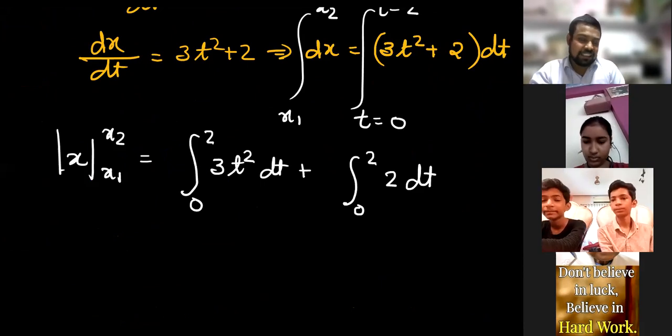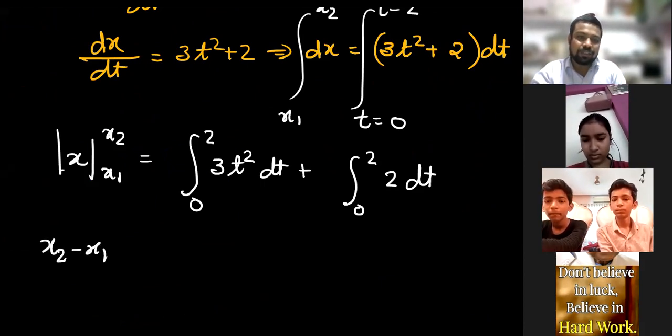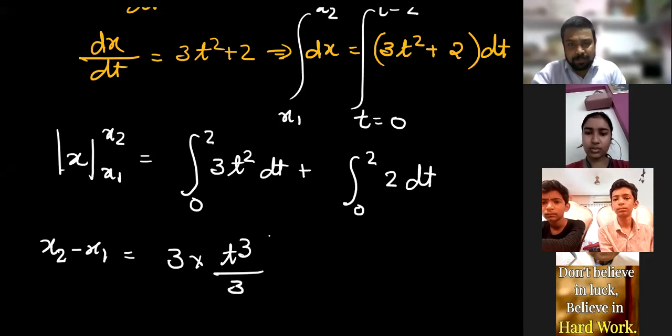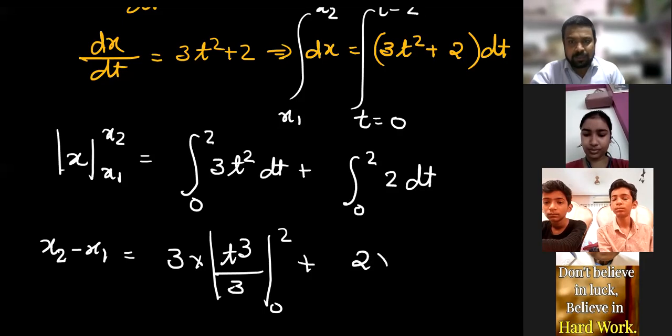My dear friends, this integration is upper limit minus lower limit. So it's x2 minus x1 is equal to 3 times the integration of t square, which is t cube by 3, limit 0 to 2, plus 2 into t, limit 0 to 2.